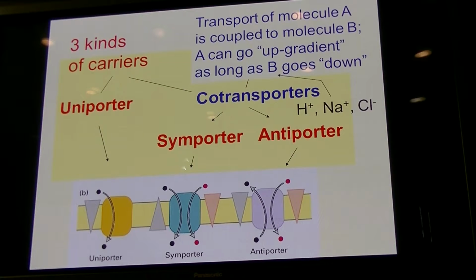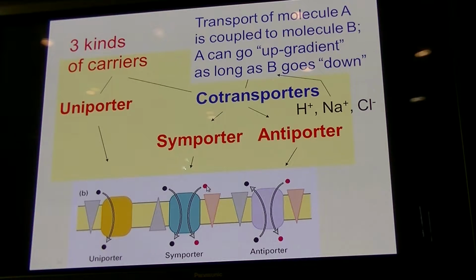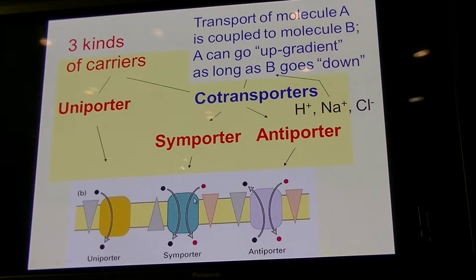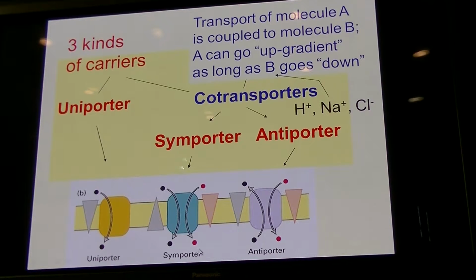If they move in the same direction, we speak of symporters. So imagine you have here one molecule, and it has a concentration gradient that allows it to move down gradient here to the bottom, to my little red molecule.